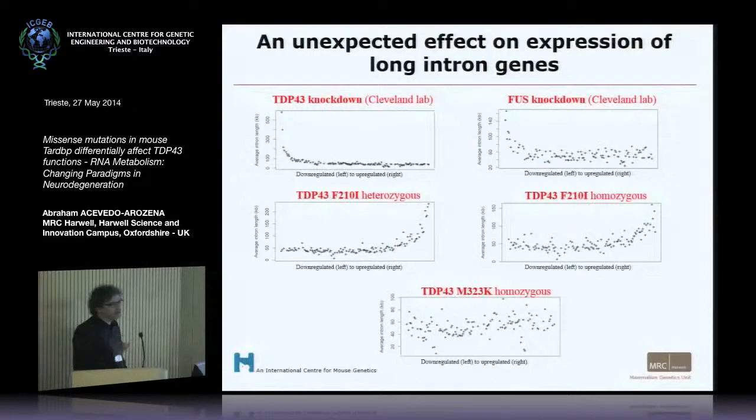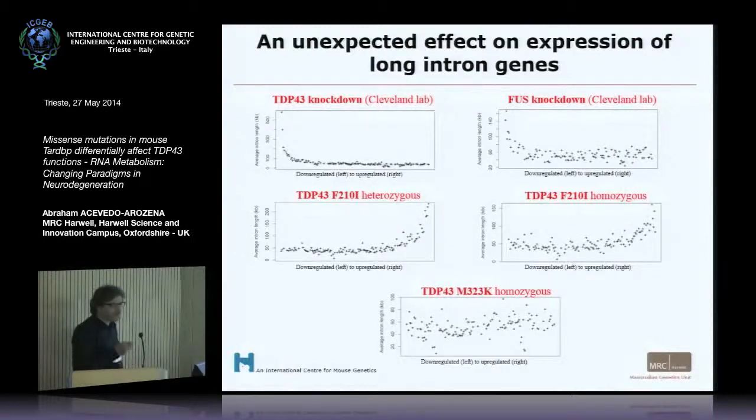However, we heard yesterday about these long intron genes, which from the Don Cleveland paper you see are enriched. These are downregulated here. So these long intron genes are downregulated with a knockdown. However, with our TDP43 F21I heterozygous and homozygous, they are actually upregulated.